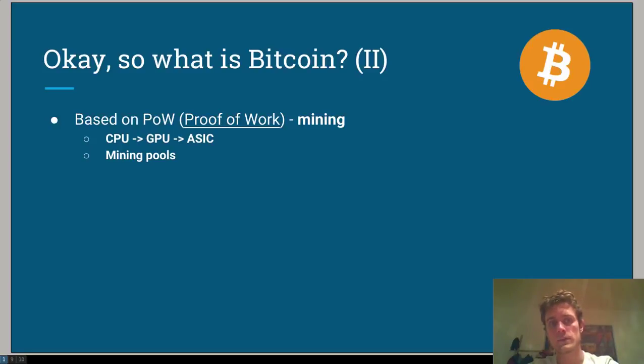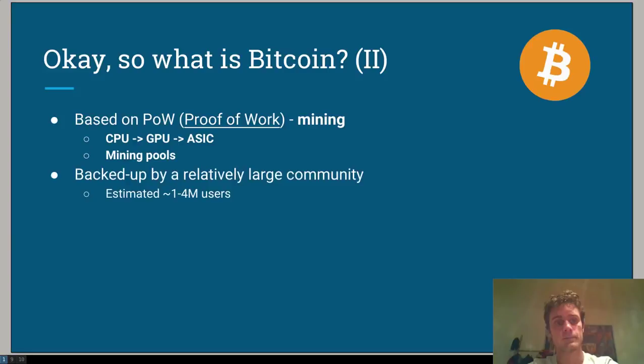At first they only used CPUs, so just normal computers. Then they switched over to graphic cards, so GPUs, and now it's very big in China. They use ASICs, which are specialized hardware just to mine bitcoins. And we'll see later why that might be a problem. And there's this idea of mining pools.